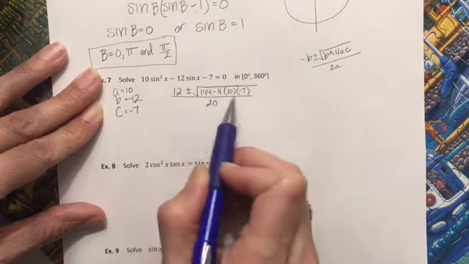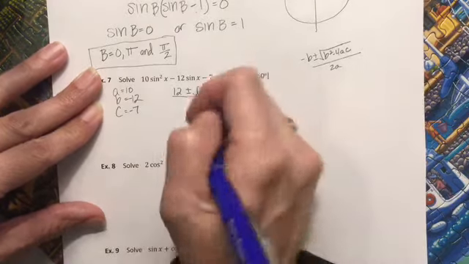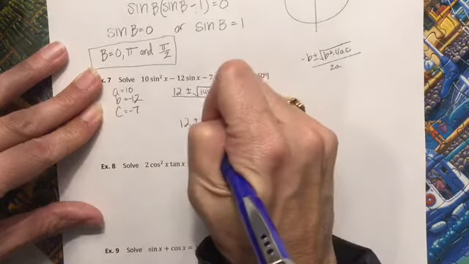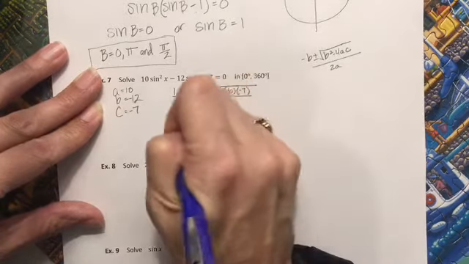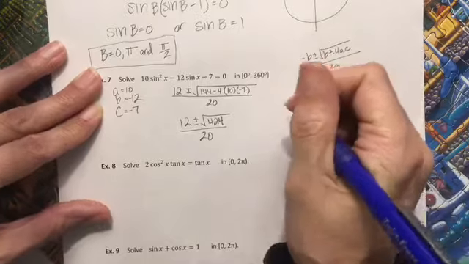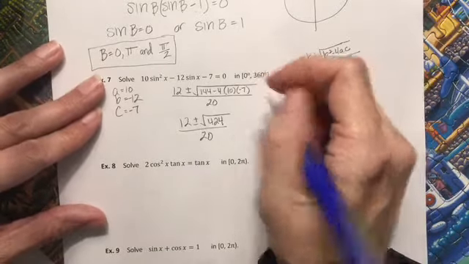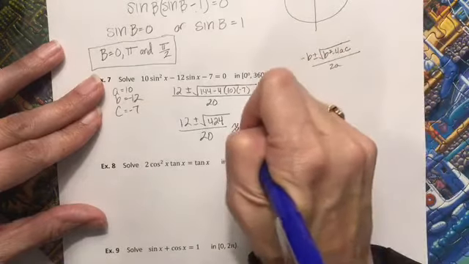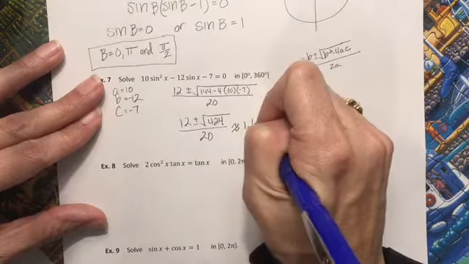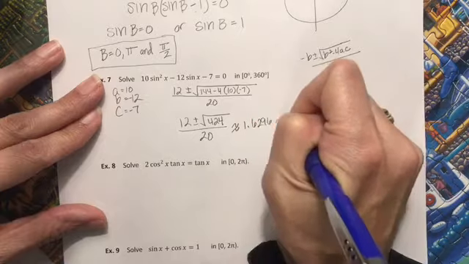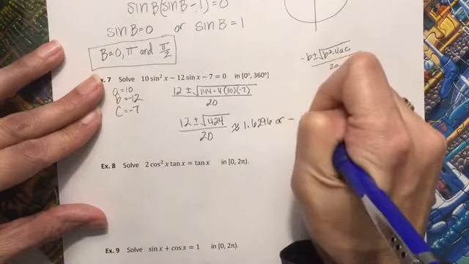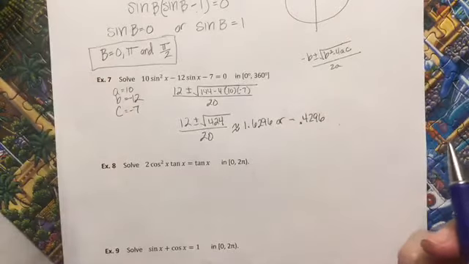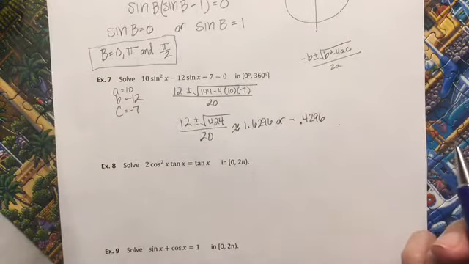So 144 plus 280, and that will eventually get us to 424 over 20, and that's going to eventually give us, rounded, 1.6296 or -0.4296. So pretend I used my calculator, but actually I snuck a peek in the book.